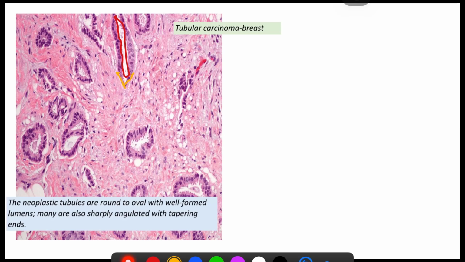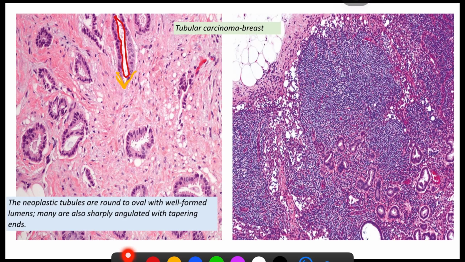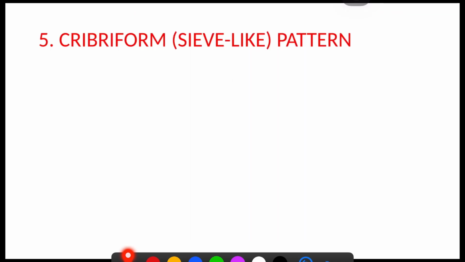Whenever you find this type of tubule, always suspect tubular carcinoma of breast, and in this tumor you will find sclerostroma. And again in this section of a lymph node, you can identify lymphoid architecture and infiltrating tubules are seen. This is the lymph node metastasis by tubular carcinoma of breast.